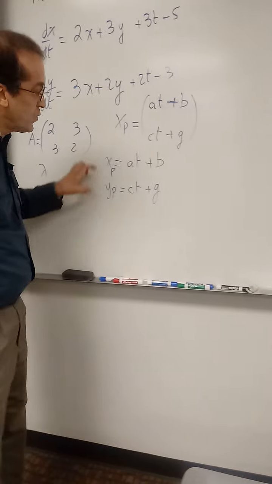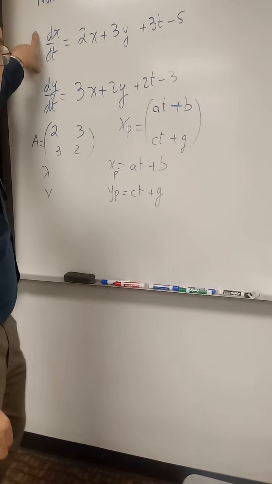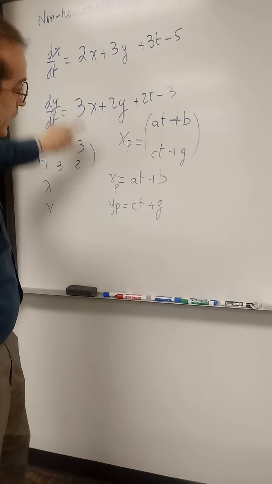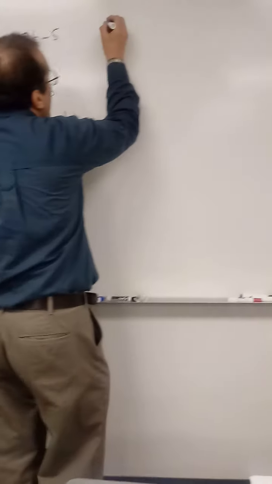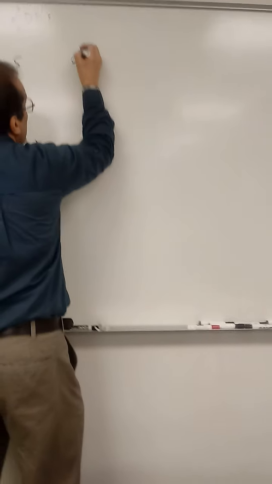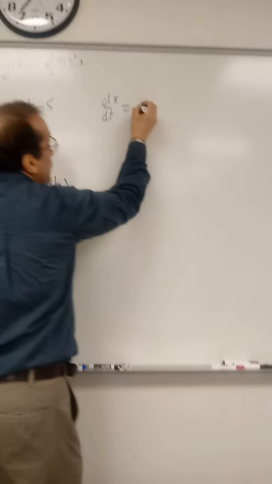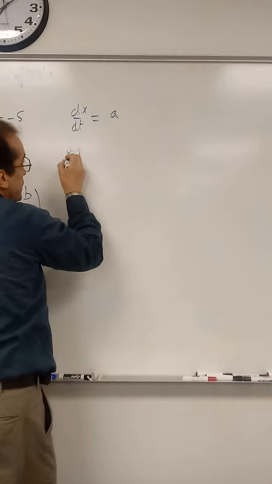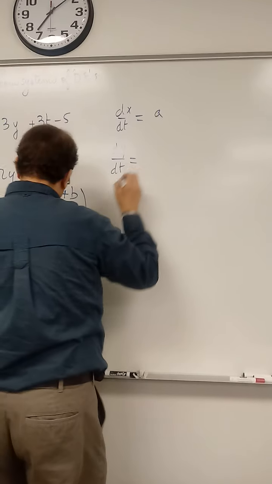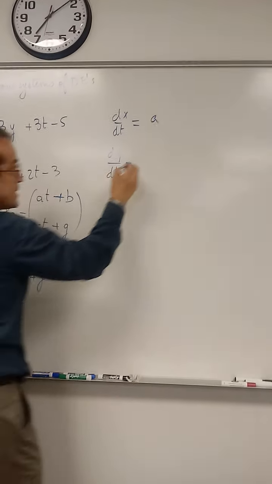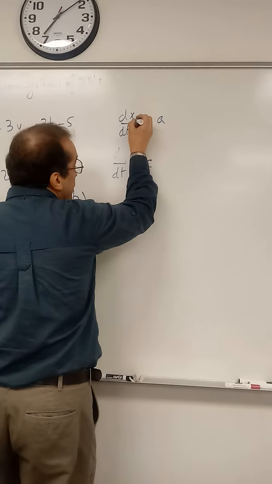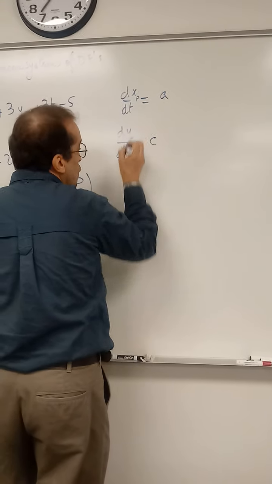We need to substitute for these in the original system of differential equations. dx dt equals a. dy dt, the derivative of y with respect to t, is c. And x in this case is xp, and y is also yp.